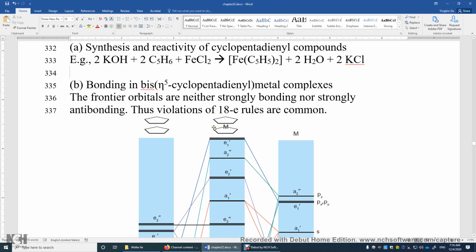Okay, again, I need you to picture 5 p orbitals on the bottom ring and the 5 p orbitals on the top ring. Okay, the bottom 5 lobes from the top ring and the top 5 lobes on the bottom ring have the same sign, same phase.